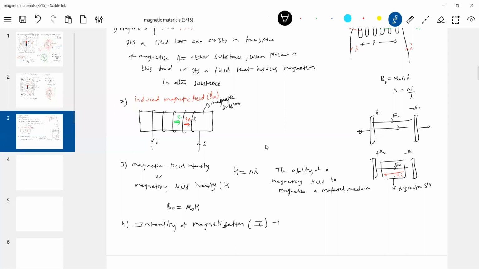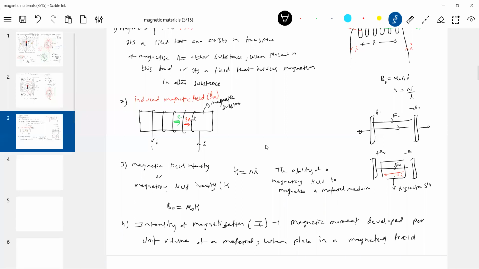It is defined as the magnetic moment developed per unit volume of a material when placed in a magnetizing field.